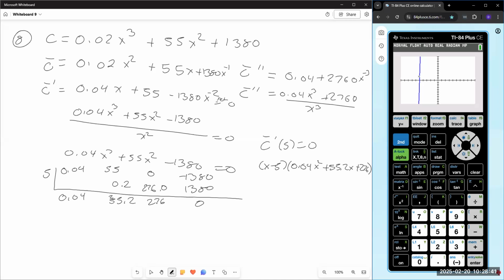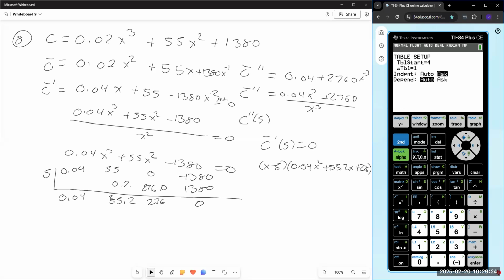My only thing that I'm interested in is 5 is a critical value. So let's look at what C double prime of 5 is. y equals n over d. To get the fraction, 0.04x to the third plus 2760 for my numerator. My denominator is x raised to the third power.